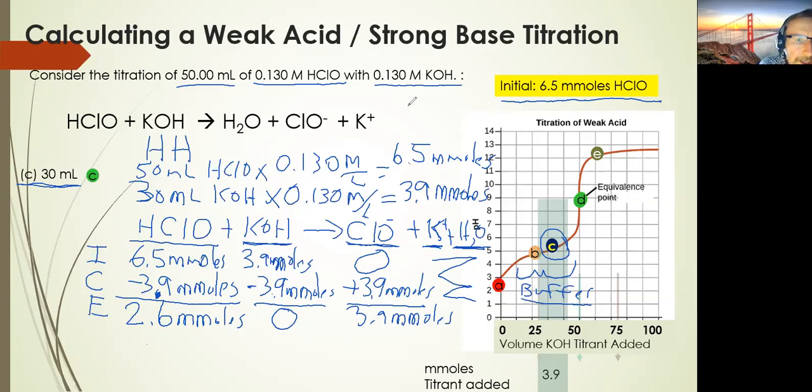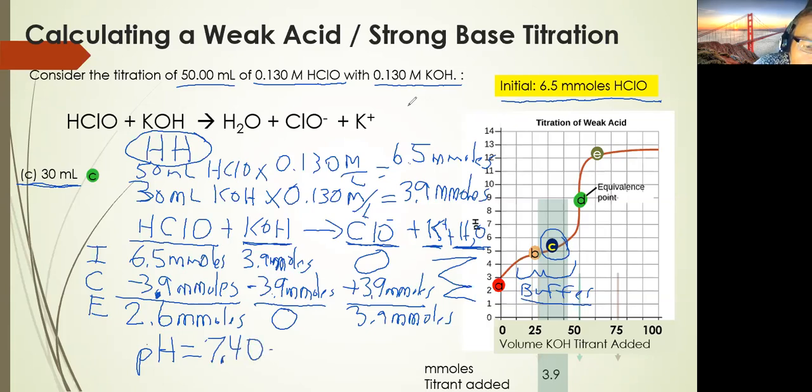And we're going to go back and refer to our Henderson-Hasselbalch equation. pH is equal to pKa, and we know that pKa for this weak acid is 7.4.